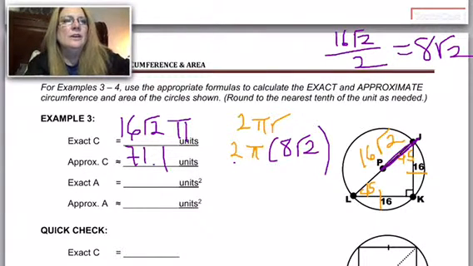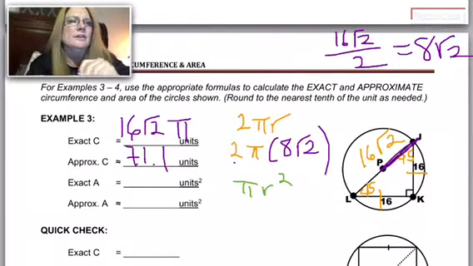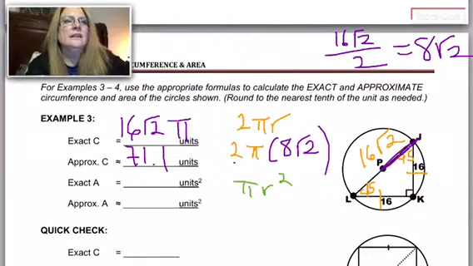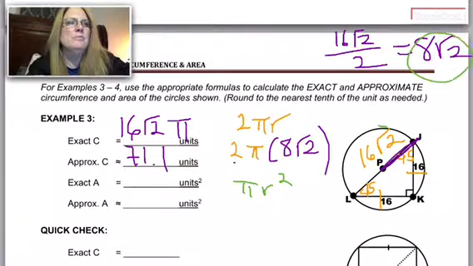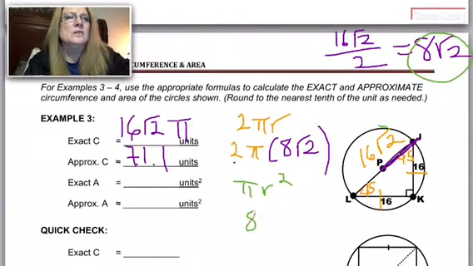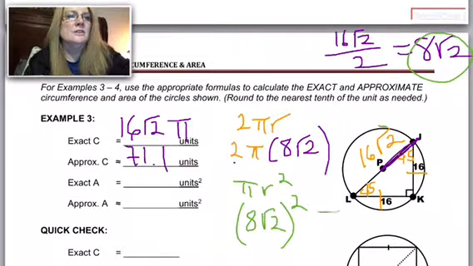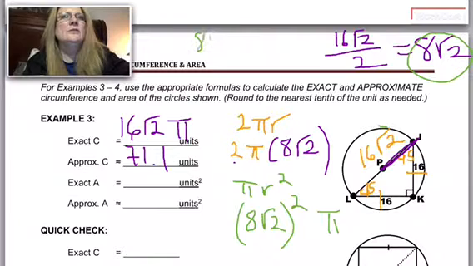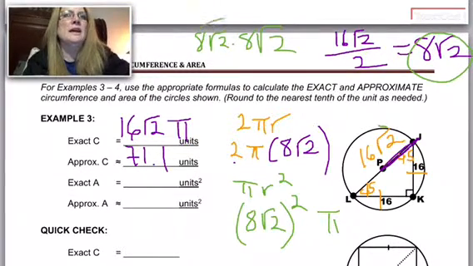Okay, now the exact area. Well, the area is pi r squared. So the radius, again, was 8 square root of 2. So it's going to be 8 square root of 2 squared times pi. So if we do 8 square root of 2 times 8 square root of 2, remember you're going to multiply 8 times 8, 64.